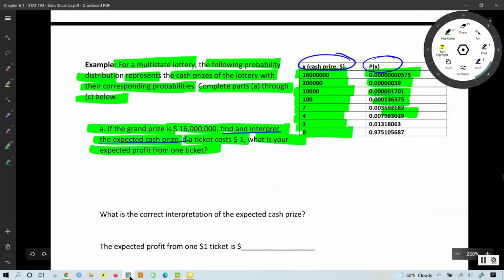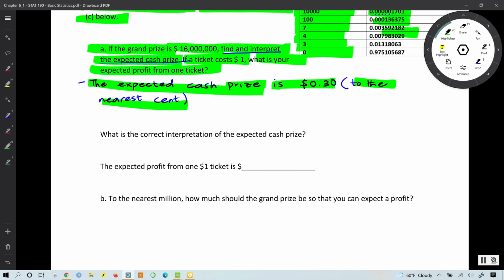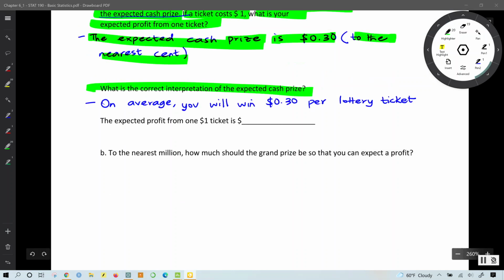So let's key that in here. Based on that calculation, the expected cash prize is 0.30 to the nearest cent. Then we concern ourselves with the correct interpretation of the expected cash prize. The correct answer is that on average, you will win 30 cents per lottery ticket.